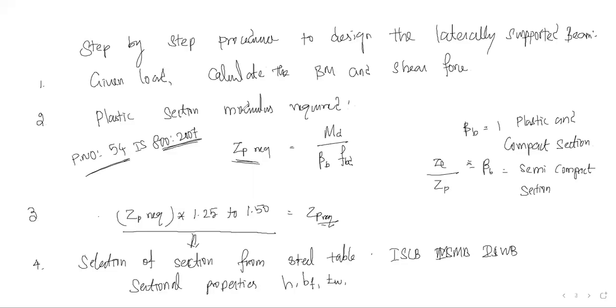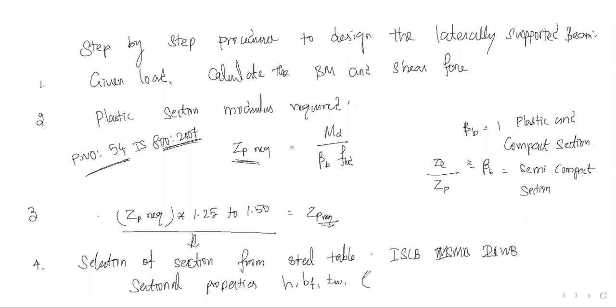Okay, so these things we have to take. After taking all these, now we have to go for the design moment. So for the design moment, we use the same previous formula, MD is equal to beta B into ZP into FBD.